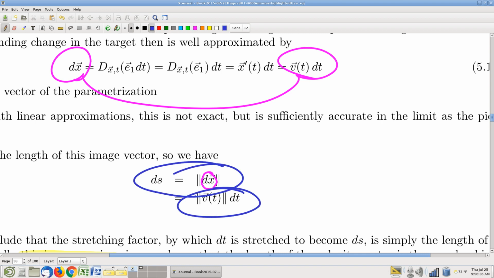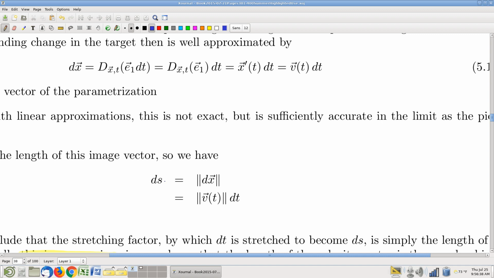And there you go. Nice, simple formula. ds is an evident factor times dt. This is our stretching factor. It's the magnitude of the velocity vector. Magnitude of the derivative, speed of the parameterization.